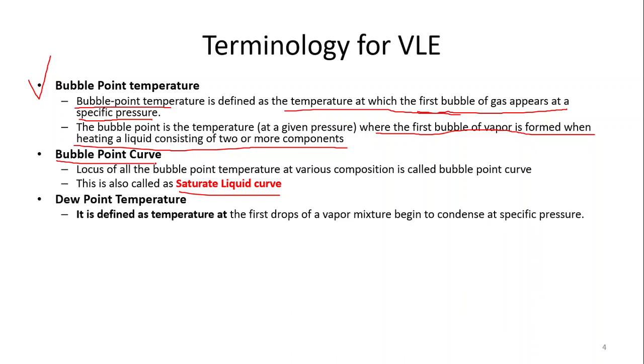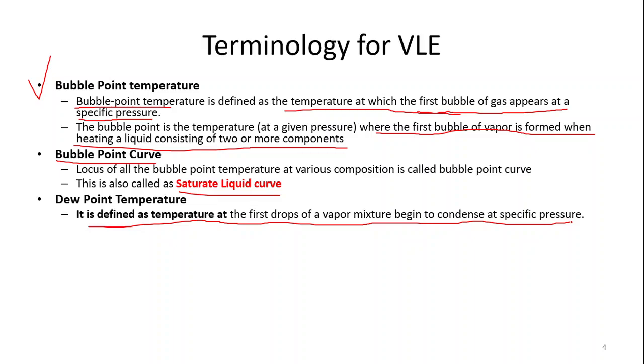Then there is one more definition, called the dew point temperature. That is the interesting thing for the mixture. It is defined as the temperature at which the first drop of the vapor mixture begins to condense at a specific and constant pressure. This is the opposite of the bubble point temperature. In the bubble point, material is going from the liquid phase to the vapor phase.